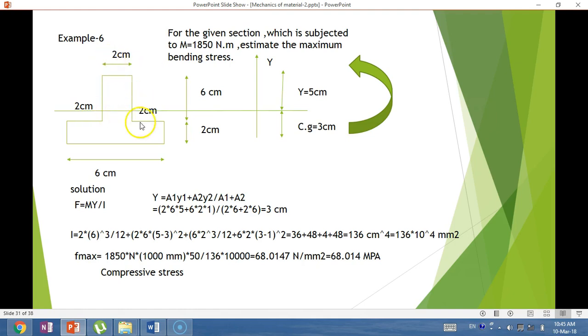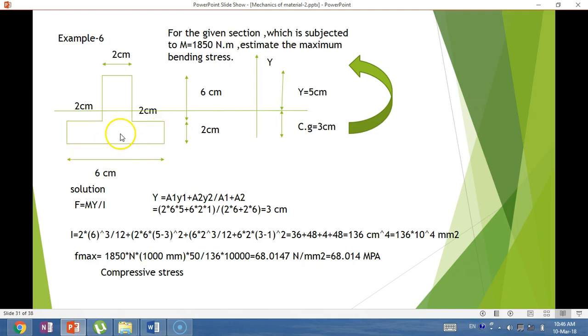So we have here 2 by 6 to the power of 3 divided by 12 plus the area 2 by 6 multiplied by 5 minus 3 squared, and here also the other part is 6 multiplied by the perpendicular to the power of 3 divided by 12 plus the area 12 multiplied by the distance from CG.